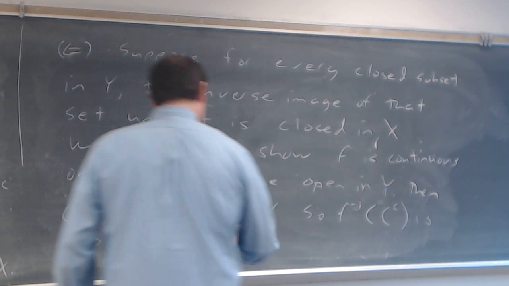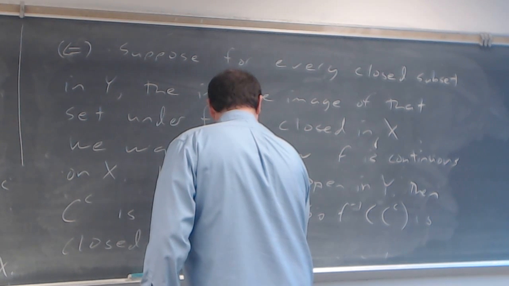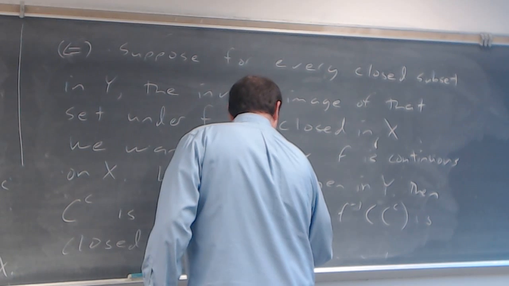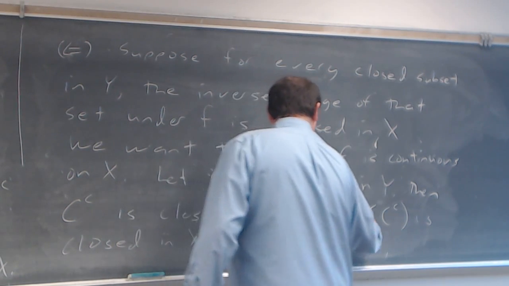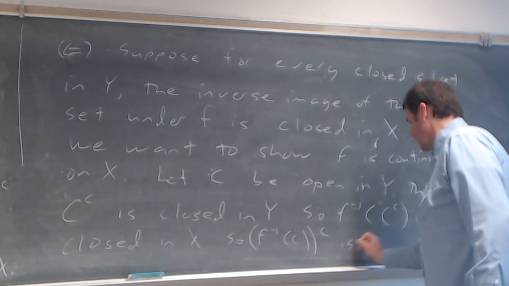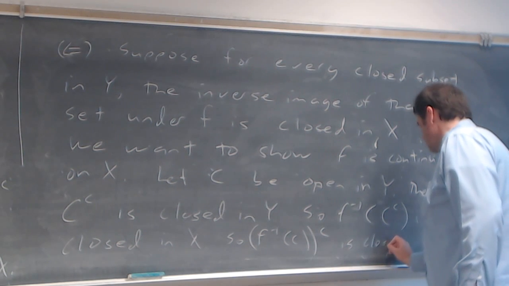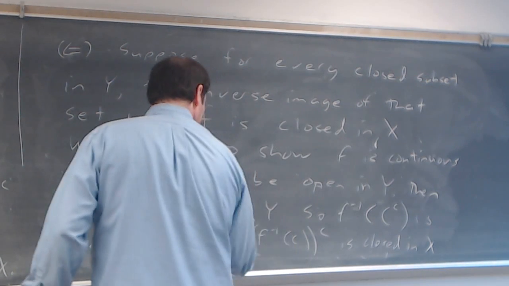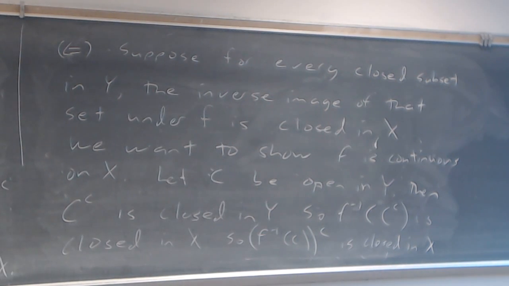So by our claim that we had earlier in this proof, that says that the inverse image of C, these two sets are the same. Not closure, complement, is closed in X. Okay. That's because of that claim we had in the previous part of the proof.